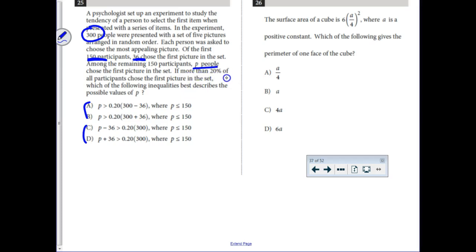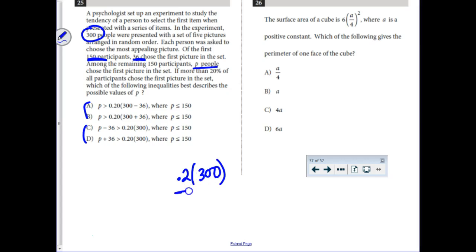And if more than 20% of all the participants. Okay. So 20% of all the participants would be 20% times 300, right? Are you okay with me saying that?